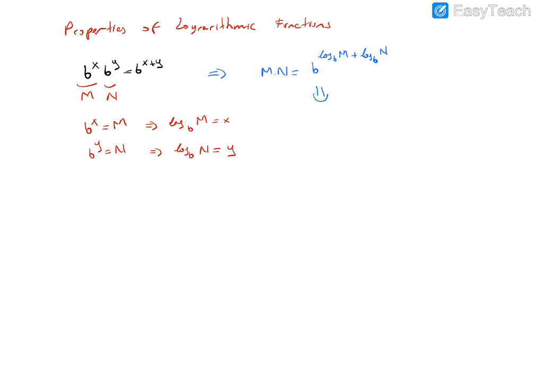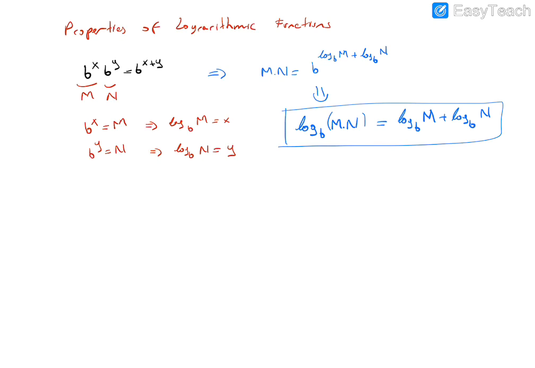So logarithm base b of MN equals logarithm base b of M plus logarithm base b of N. Okay, so we obtained this important property.